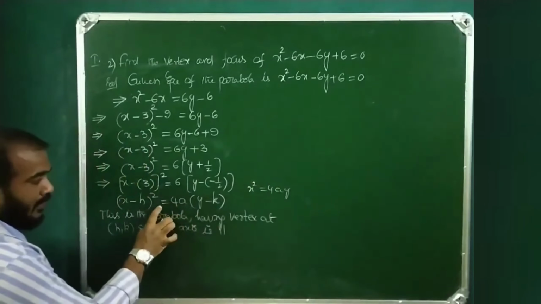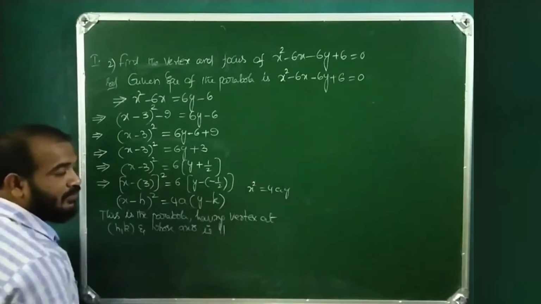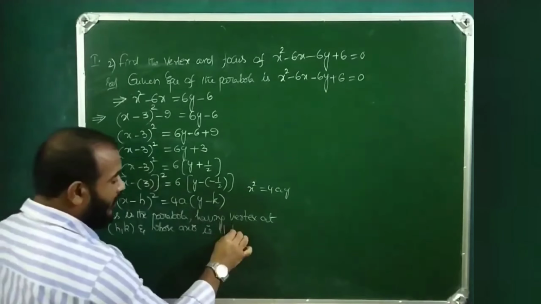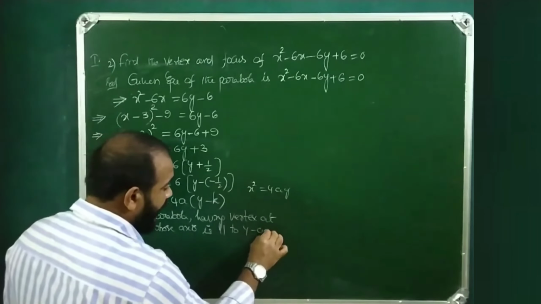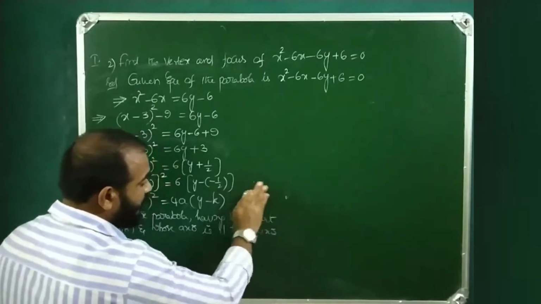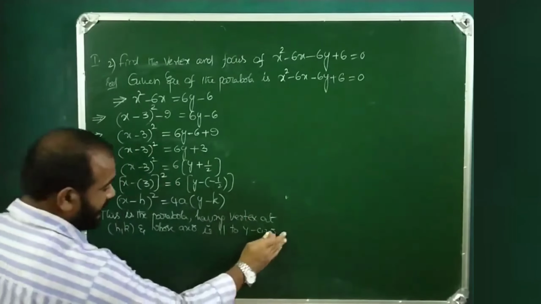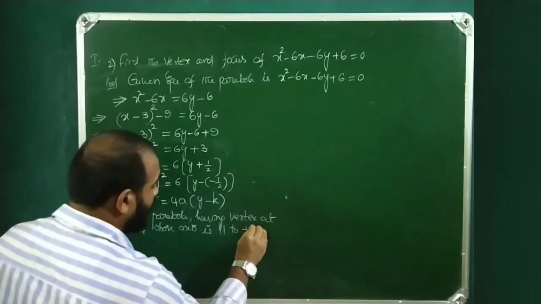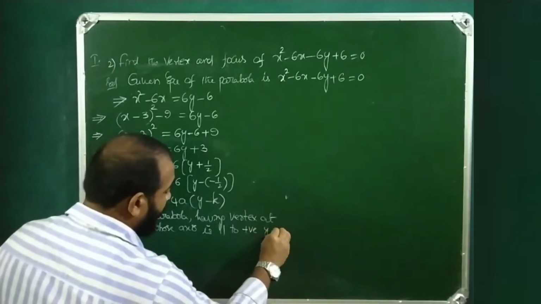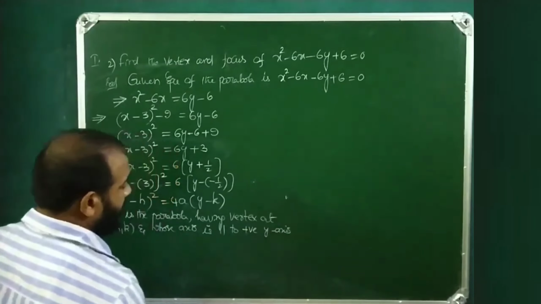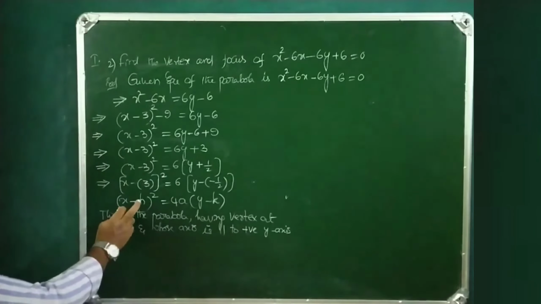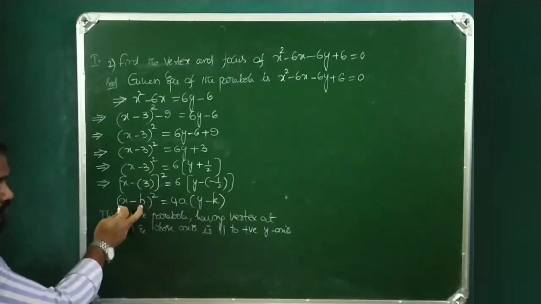This x power even is symmetric about the y axis. Here parallel to the y axis. So which y axis? Positive y axis. For this, you need not remember the features of this.